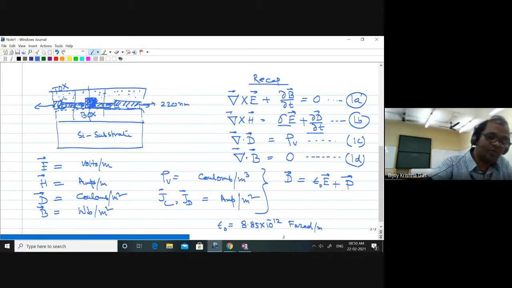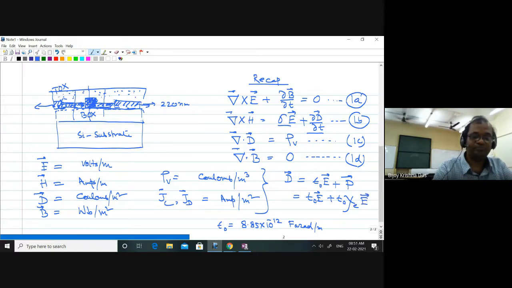So together with these 4 equations, this is another equation which we must not forget whenever we are designing a waveguide or light matter interaction, etc. What is this P? Basically, we simplify that one: epsilon 0 E plus epsilon 0. We introduce one additional parameter which depends on the material. That is also proportional to the electric field.